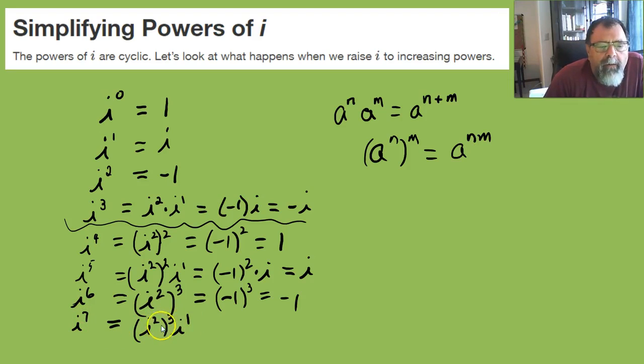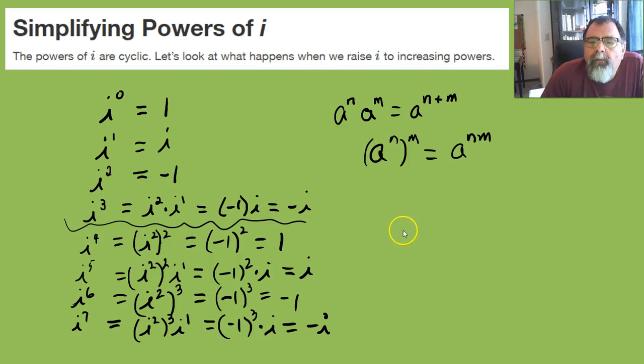Or if I want to work backwards, 2 times 3 is 6, plus 1 gets me 7. So that's -1 cubed times i, which is -1 times i, which is -i. Okay? So let's look at the next example.